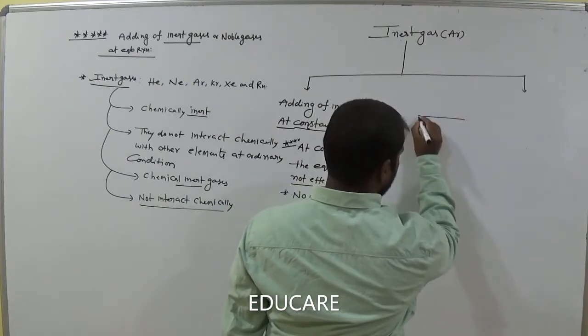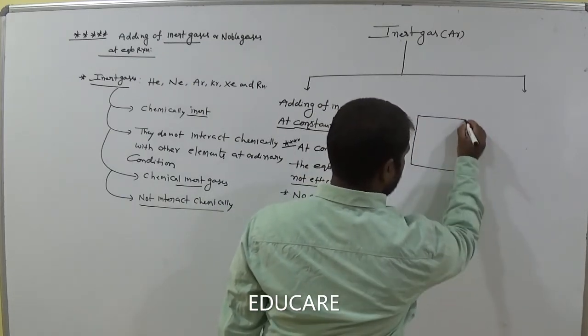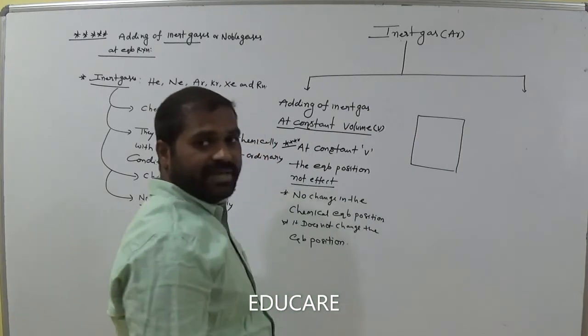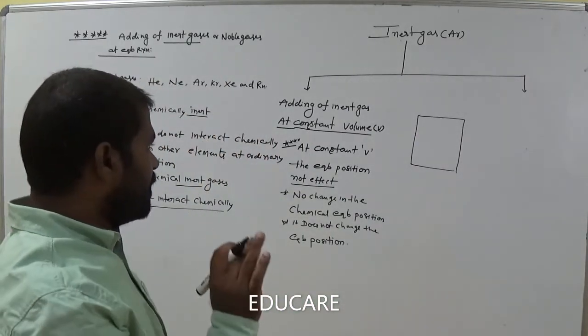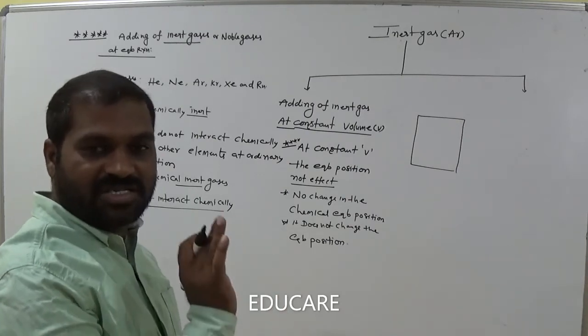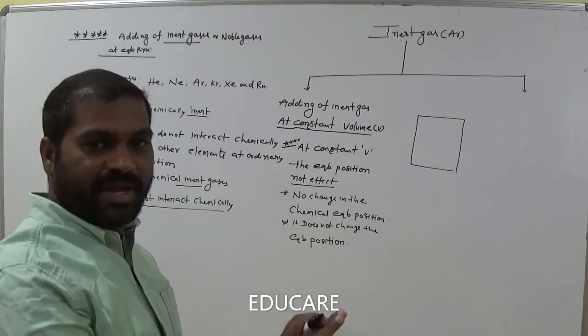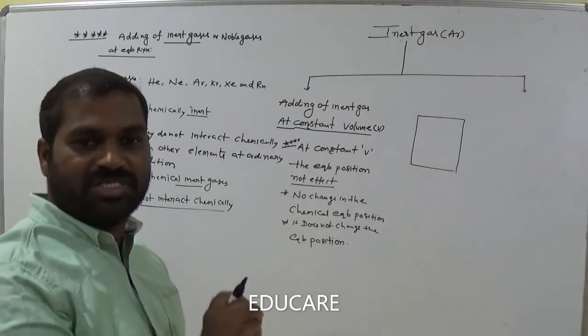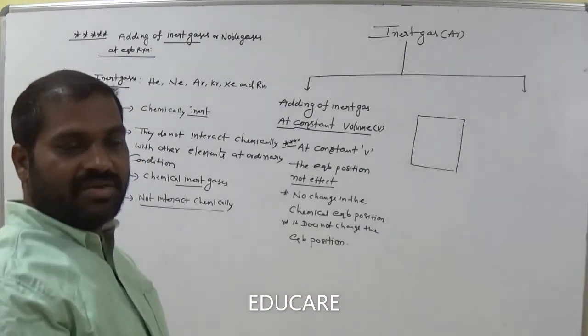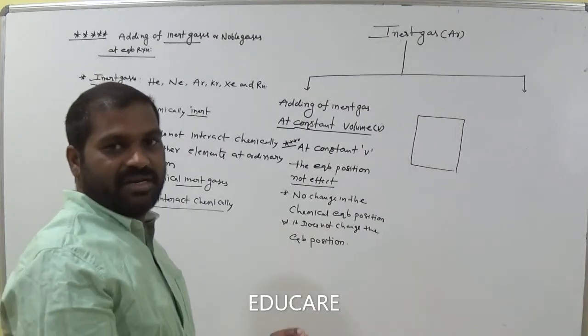Let's see. Tell me, is there any effect on the chemical equilibrium position by adding inert gases at constant volume? No. There is no effect of adding inert gases on chemical equilibrium. There is no change in the equilibrium position. Remember it.